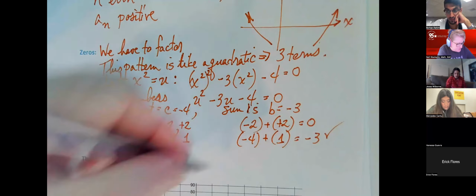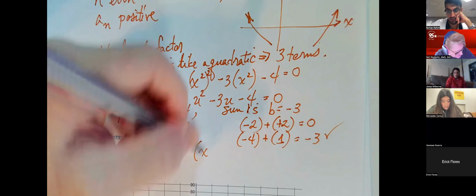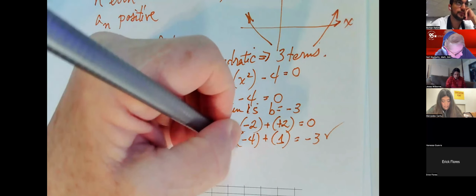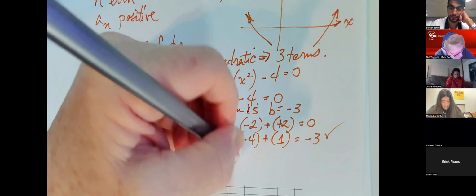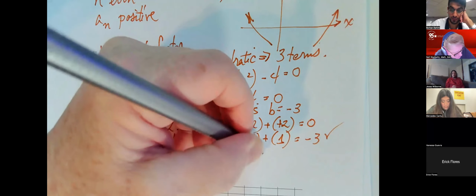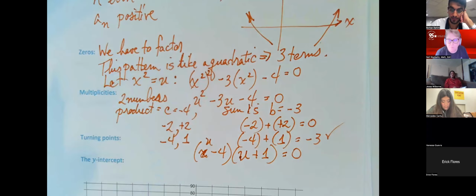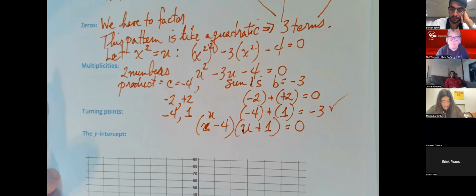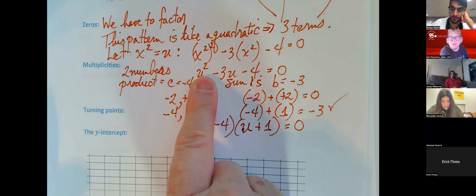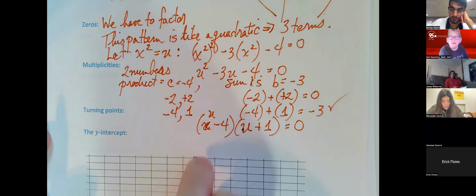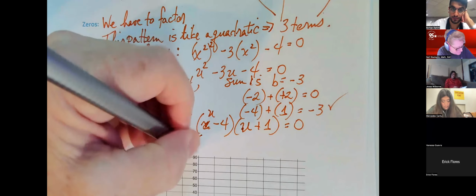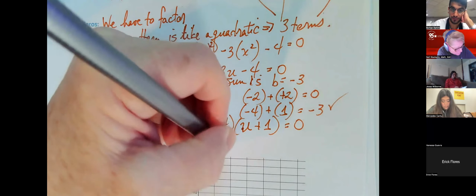So we're going to write this quadratic as u minus 4 times u plus 1 equals 0. But u was just a placeholder. u is actually x squared. So let's put that back in: x squared minus 4 times x squared plus 1 equals 0.